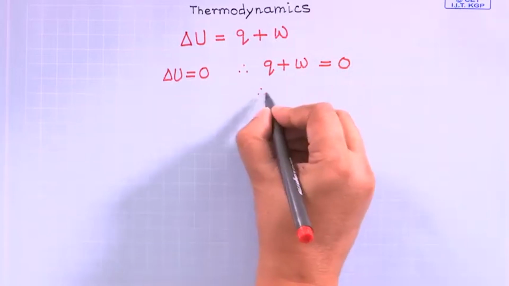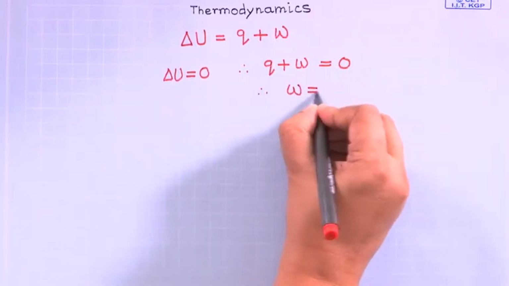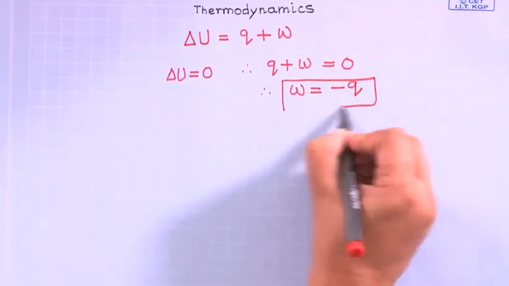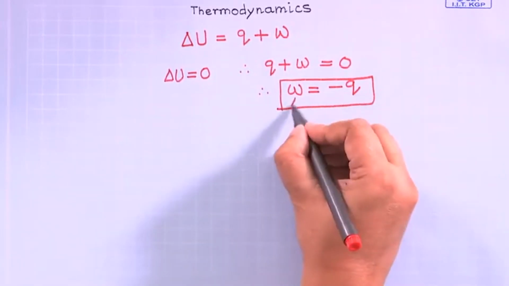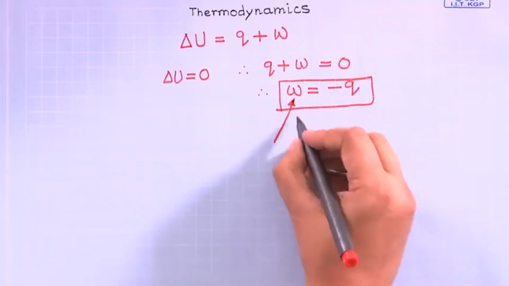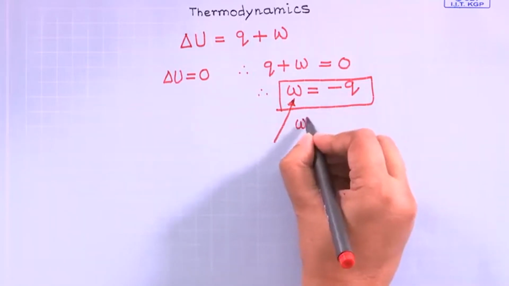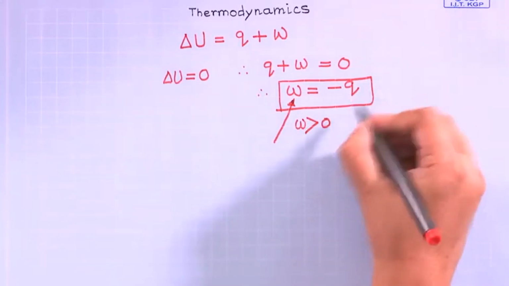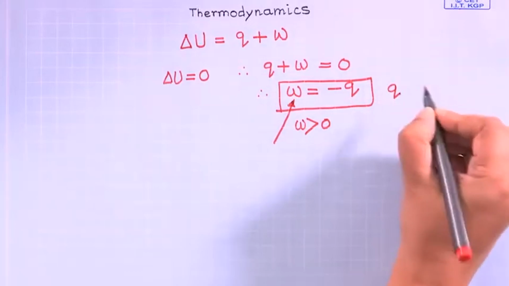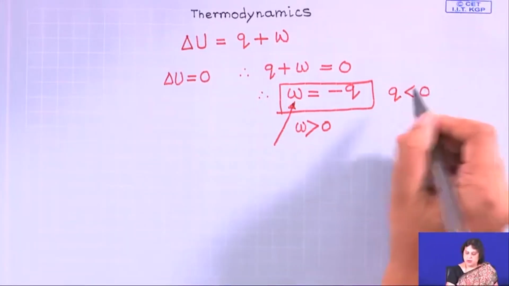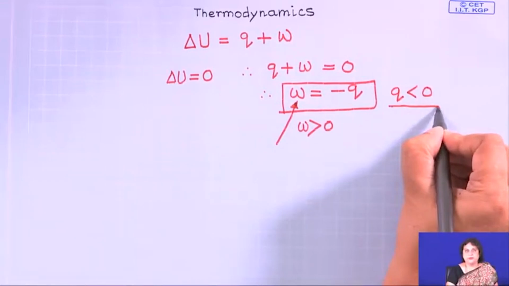This also means that W would be equal to −Q. Now, this means that if I am doing work on the gas, then W is greater than 0 by the sign convention I have introduced in the last class, and correspondingly Q must be less than 0. Now, what does this correspond to?